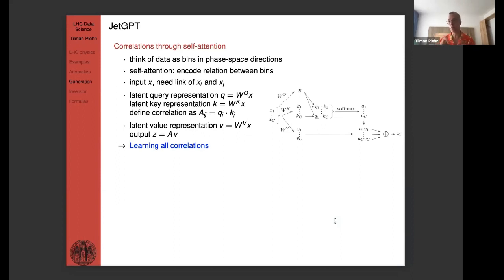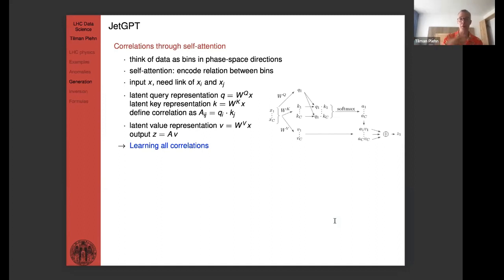If you do language, think of a sentence with different words, and you want to understand which words in a sentence are tied closest to each other. For instance, an adjective is very closely tied to a given noun. A noun is tied to the verb. The adjective and the verb are much less tied, right? And then you understand language, or you understand LHC events.